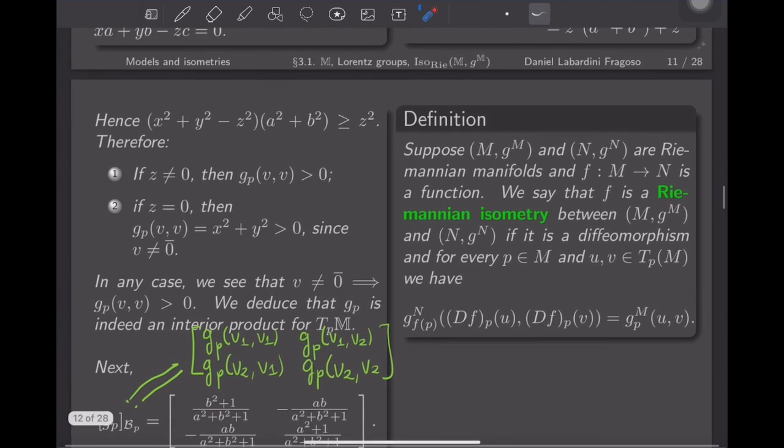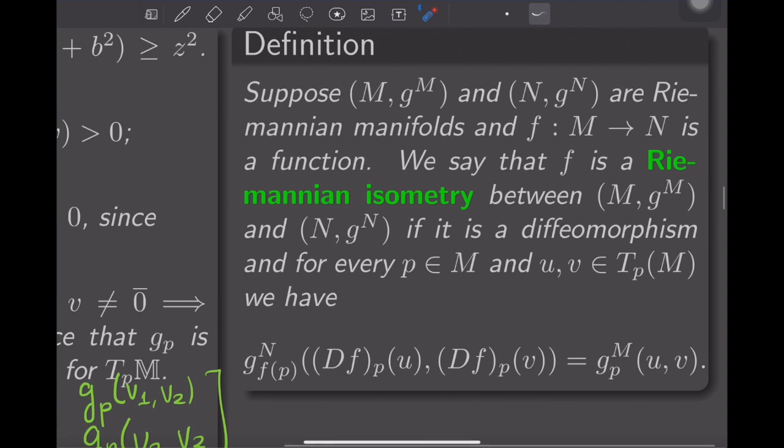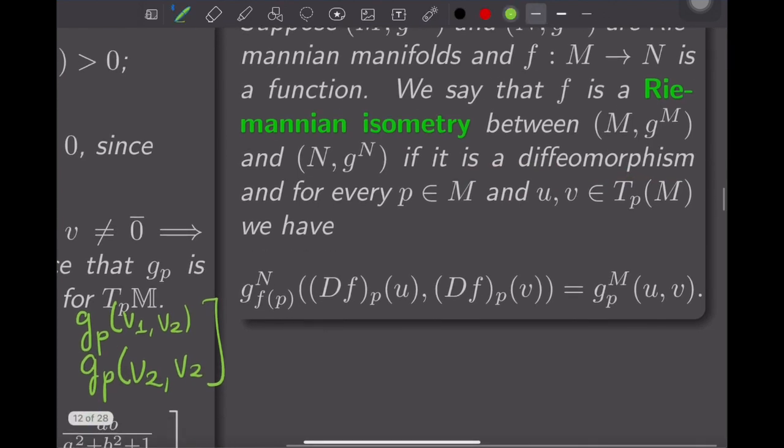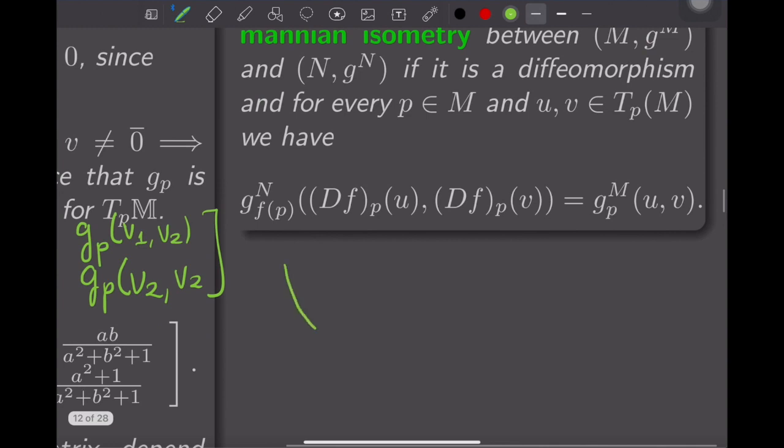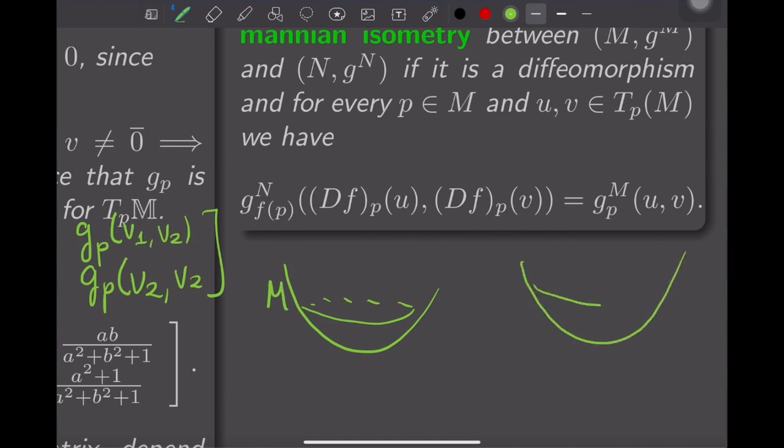So I have my function f, which I'm already requiring to be a diffeomorphism. Let's say I have m, and just think of the hyperboloid, I have n, and again just think of the hyperboloid, and I have my function.